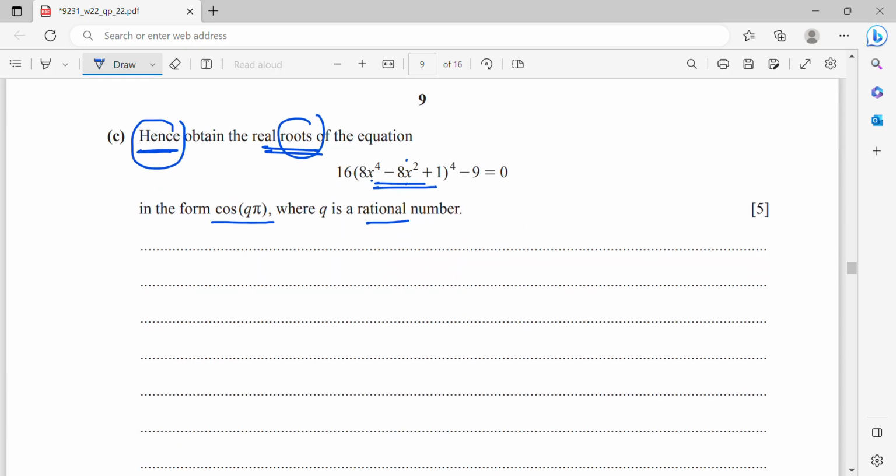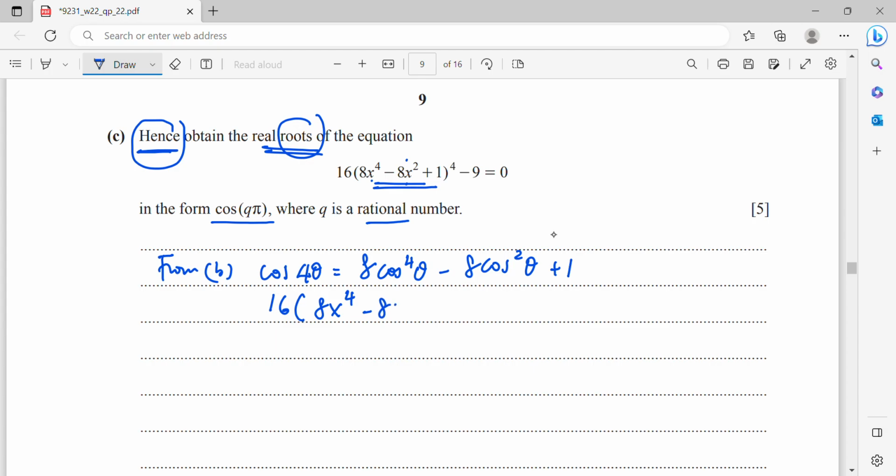So I will write from part B: cos 4 theta equals 8 cos^4 theta minus 8 cos^2 theta plus 1. Now when you compare these two equations, I will say that my x is basically the cos theta.